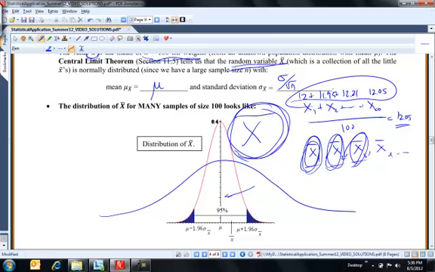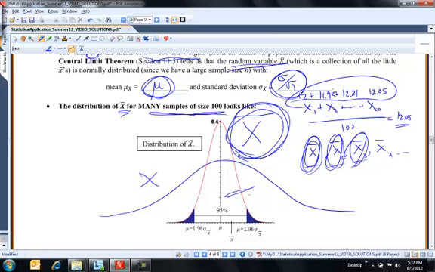So this is probably the graph of x, and then this is the graph of x bar, tighter. This is the graph of capital X bar for many, many samples of size 100.